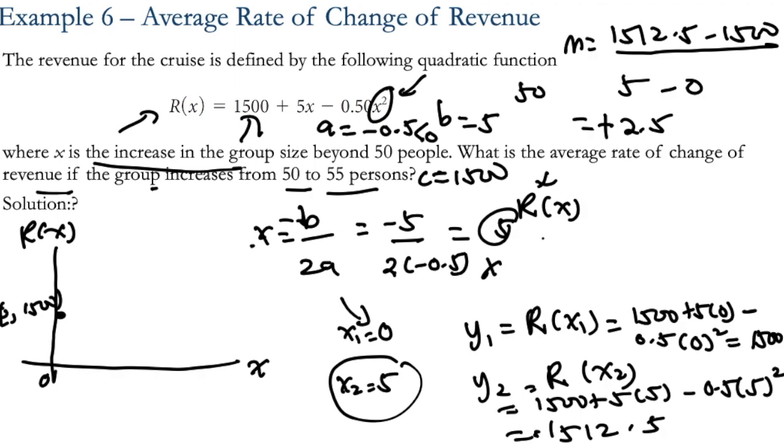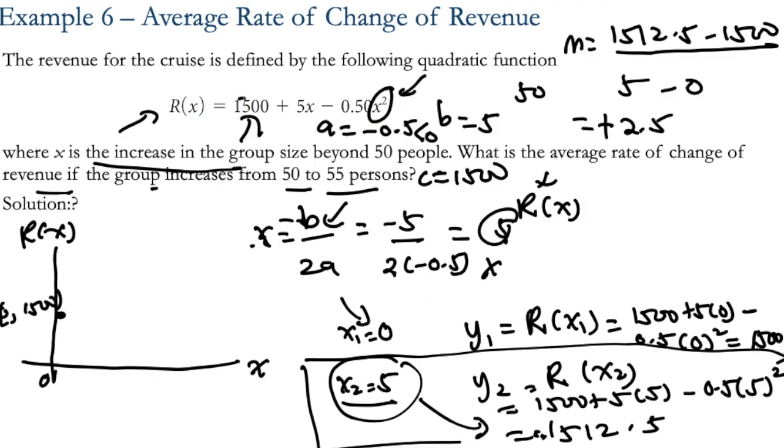Because x for the vertex, using this formula, gives you 5. And if you realize, we have found the vertex value, which means x, which refers to x2 here from the question itself. So x2 has been found, and therefore y2 has also been found. So actually this x2, y2 is the vertex for this function, isn't it?